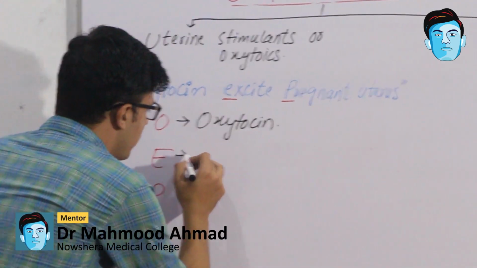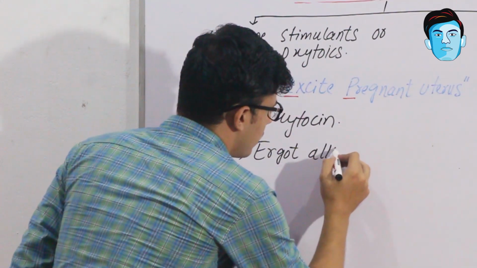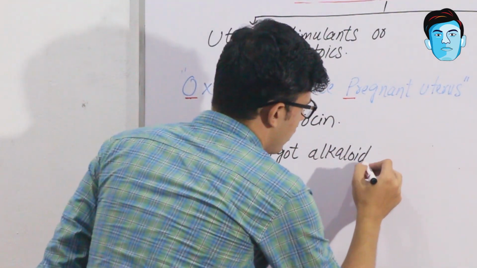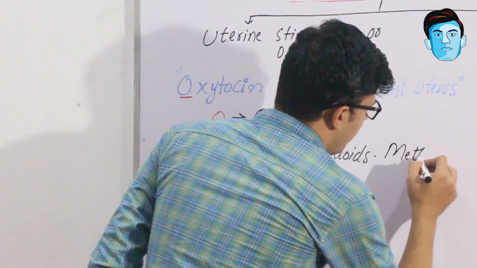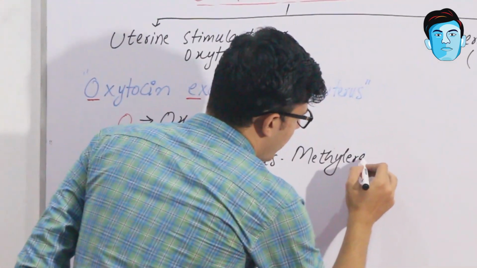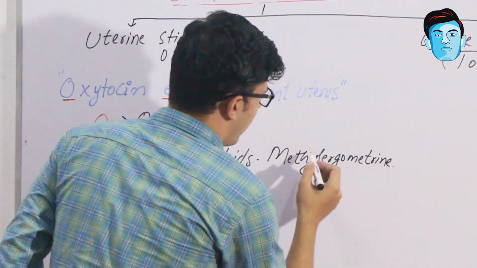E stands for ergot alkaloids, containing methylergometrine and ergotamine.